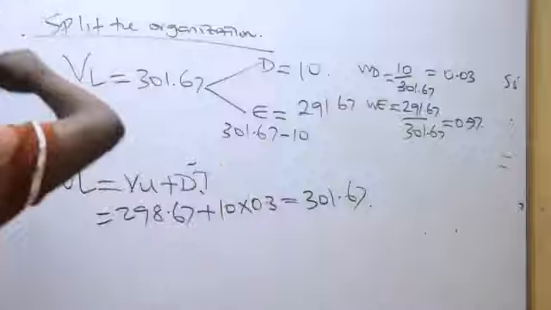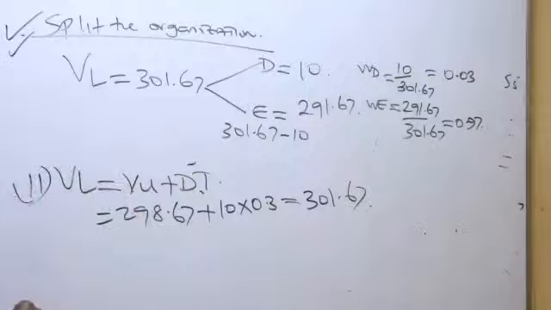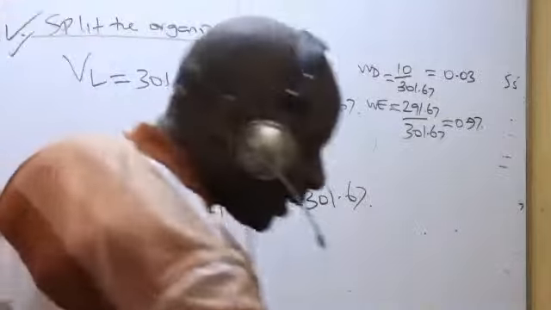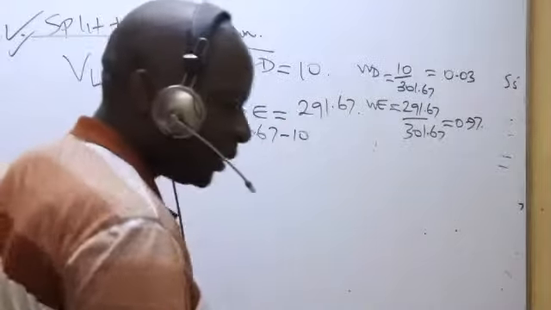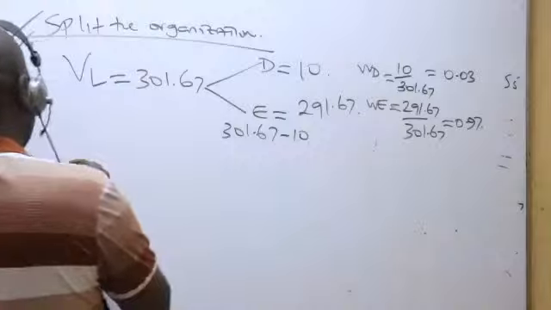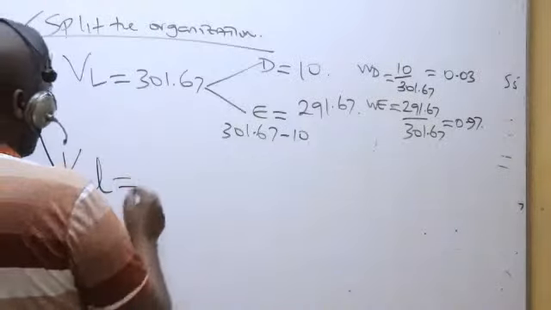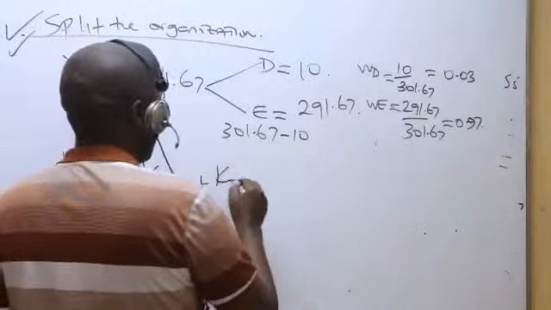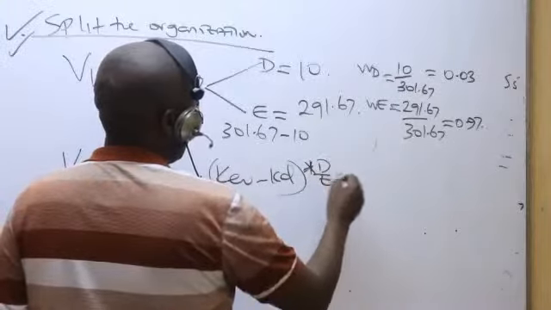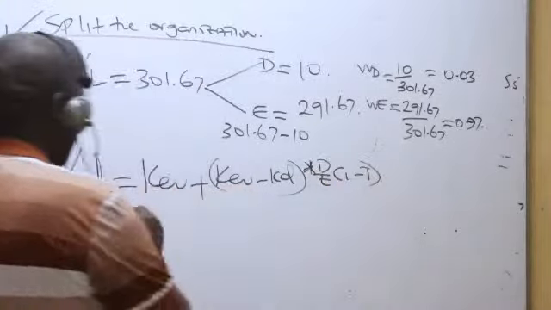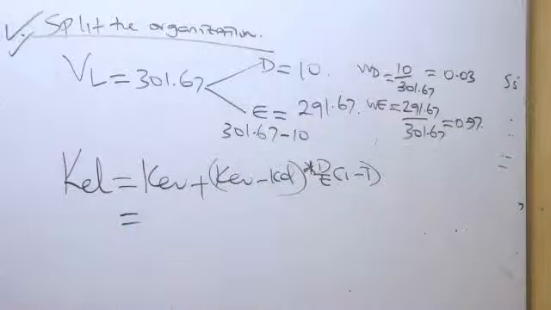After splitting the organization, the next thing will be the cost of equity of the levered firm, KL, before I get WACC. So give us the KL. We know the formula: KL equals Ku plus (Ku minus Kd) times debt over equity times (1 minus tax). What is our Ku in this question? Ku cannot be 12.1.